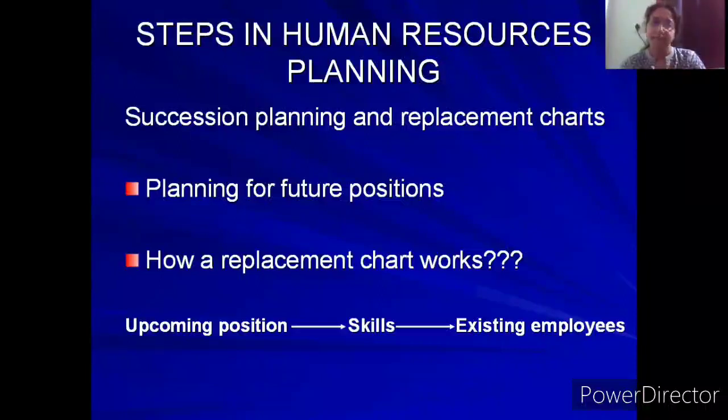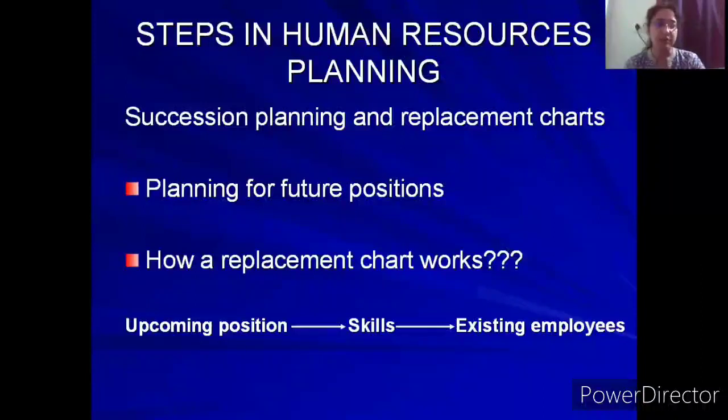Based on the skills and competencies required for the position, those will be mapped, and the existing employees with the requisite competency and skill will be tagged to that position, and whenever the vacancy arises, a decision can be made from this group of employees.